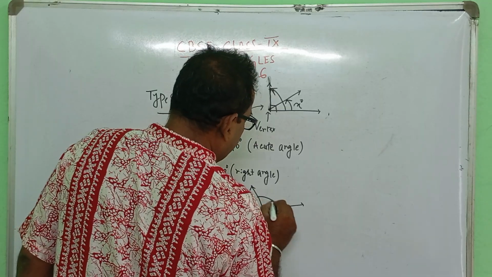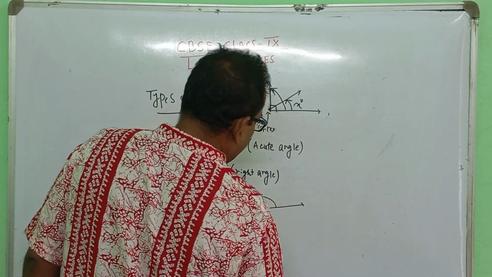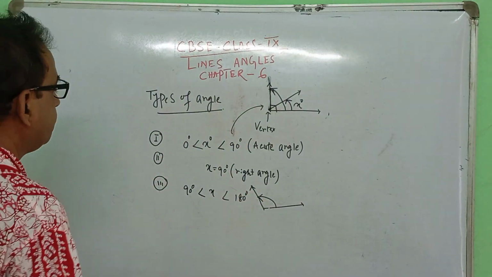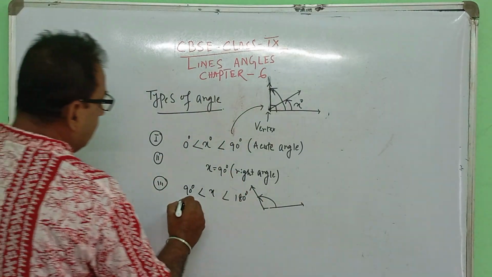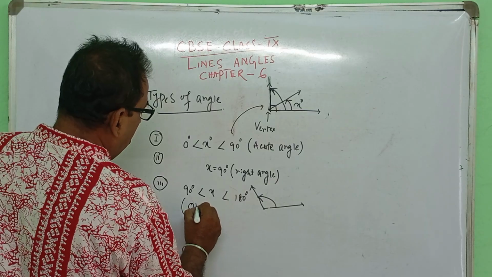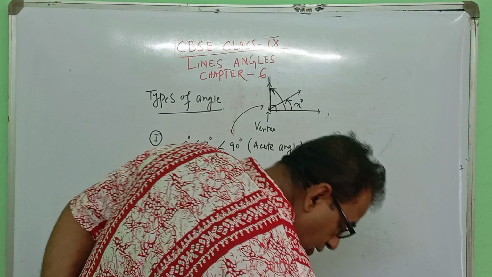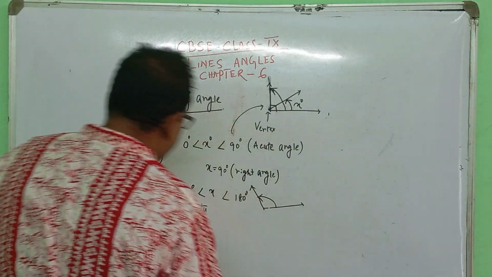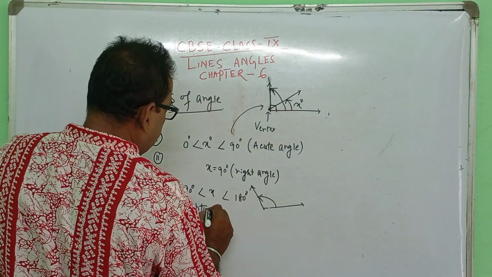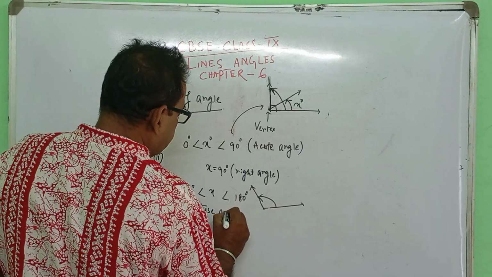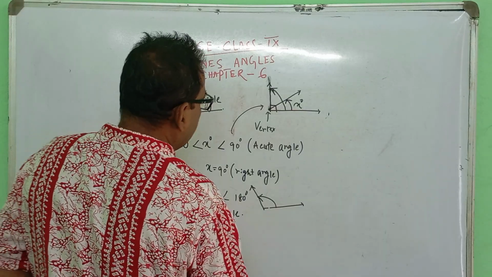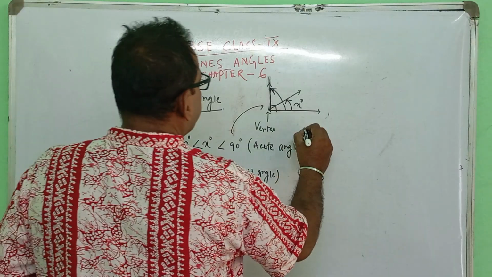What I am telling, angle moves anti-clockwise. Now this angle is called obtuse angle. This is called obtuse angle. Clear?